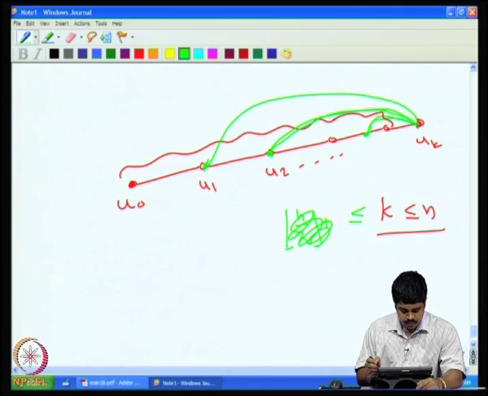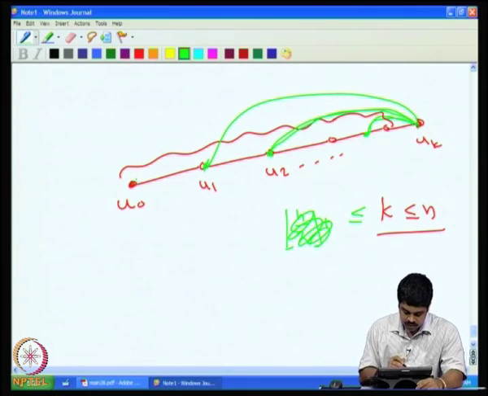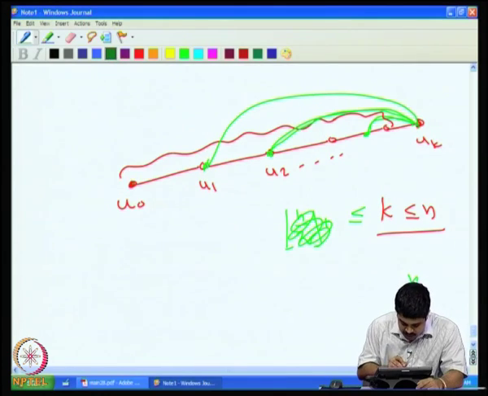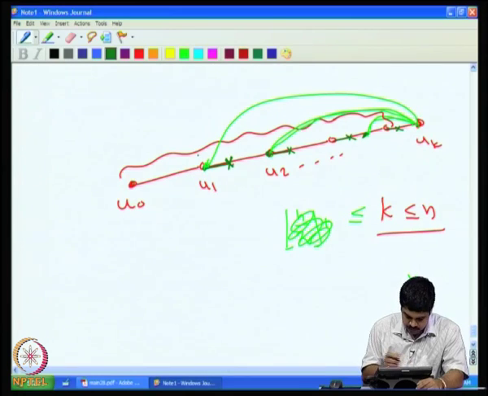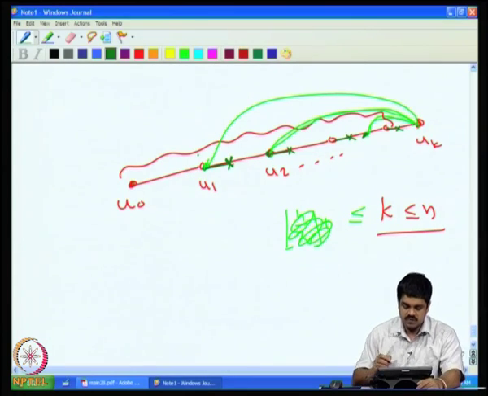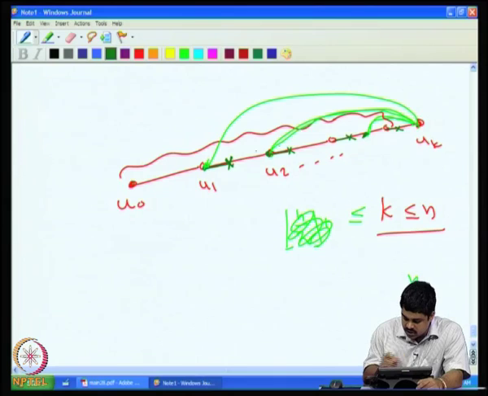Now suppose I identify the neighbors of uk here, and then I am just interested in the vertices just above each of these neighbors. I mark them green, right. How many such vertices are there? For each neighbor of uk, I identify one vertex which is just after it.